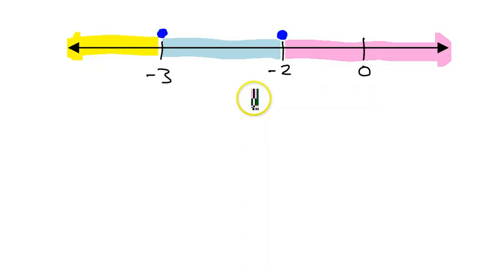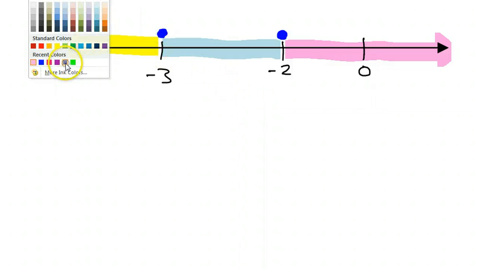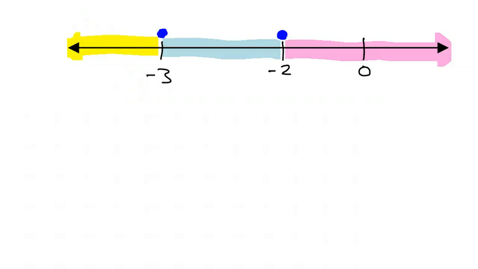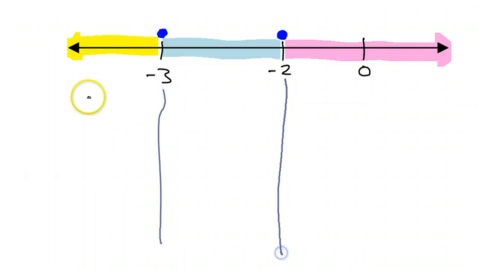So what we need to do is pick a test value from each one of these zones. I like to organize my work by making a little chart out of it.